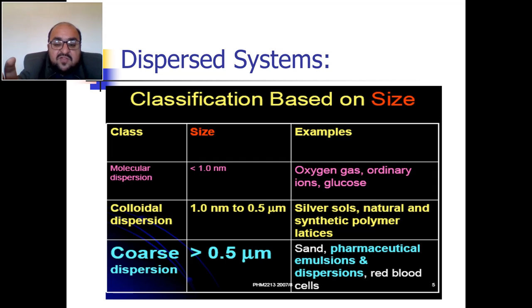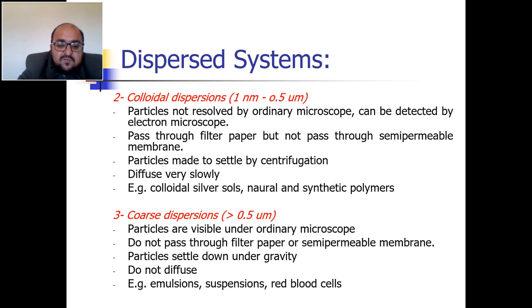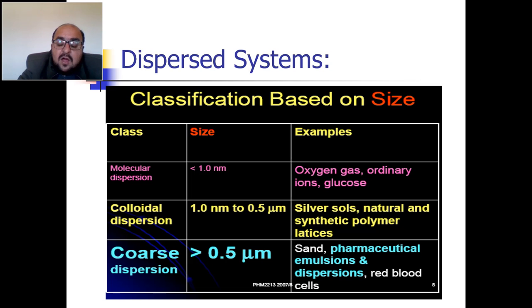For example, sand, pharmaceutical emulsion and suspension, and red blood cells. They do not diffuse, and they do not cross the filter paper or the semi-permeable membrane.